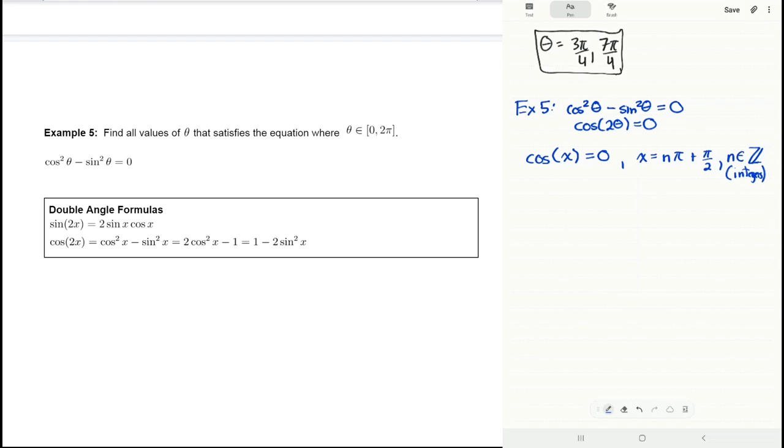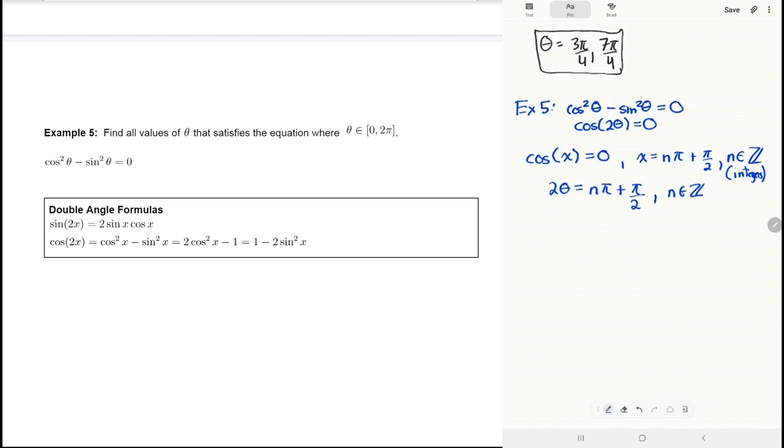And so if the argument of cosine is n pi plus pi over 2, where n is some integer, then this will tell us that the cos of x will be equal to 0. So now we're going to apply this to our equation. In this case, our x is going to be 2 theta. So the cos of 2 theta will be 0 if 2 theta is n pi plus pi over 2, where n is an integer.